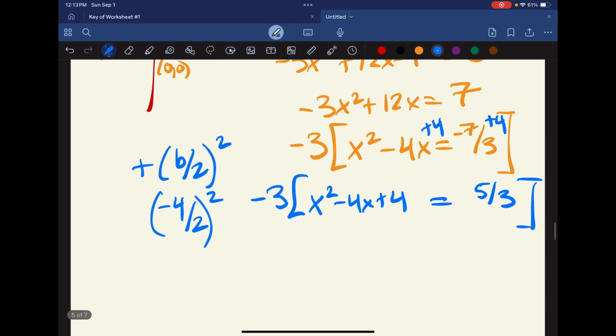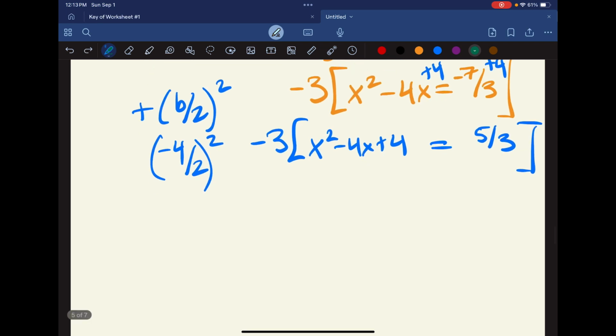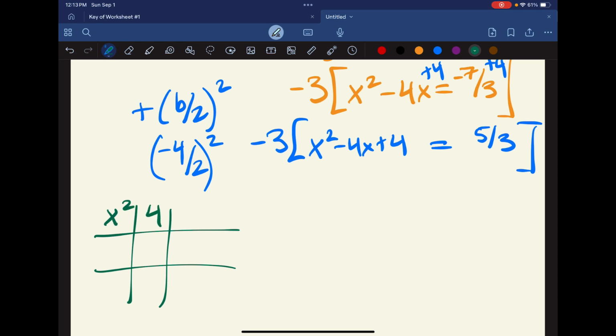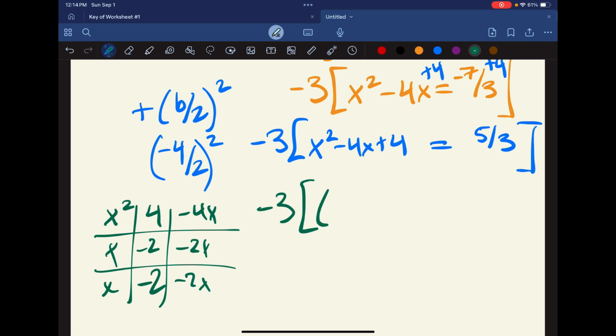But now we can factor this. And when we factor it, we should get a perfect square. And that should be negative 2 and negative 2. Yeah, negative 2x, negative 2x. So that's going to be negative 3 times x minus 2 squared equals 5 thirds.